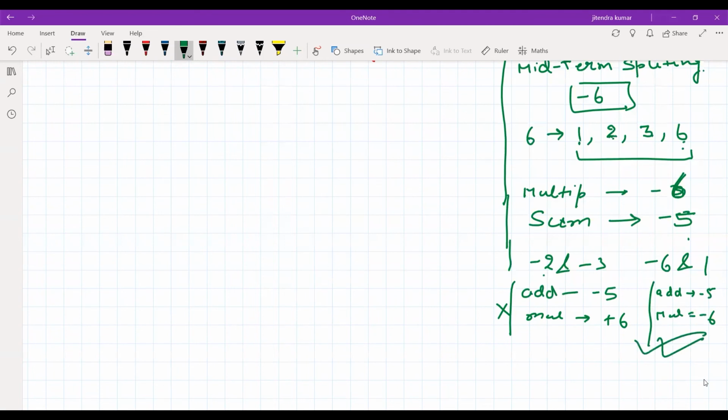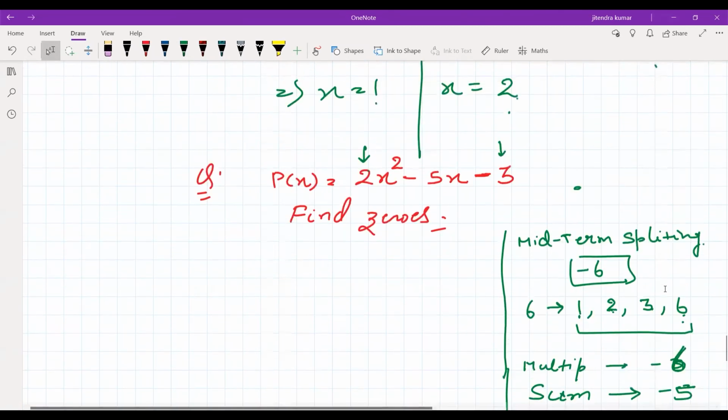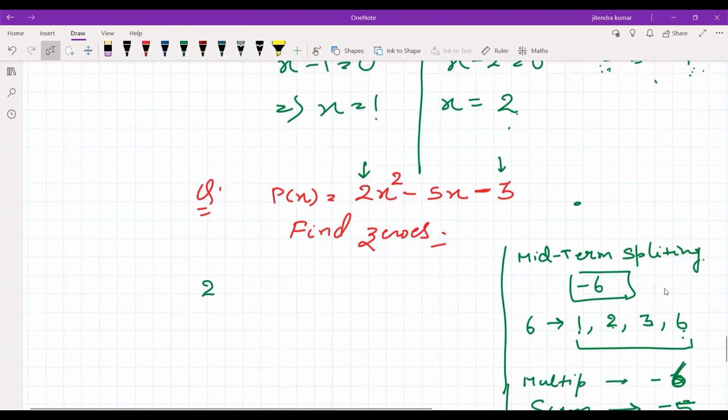These are our numbers, -6 and +1. So we split -5 into these two parts, -6 and +1. It will be 2x square minus 6x plus 1x minus 3, and this is equal to 0, as we have to find zeros here.